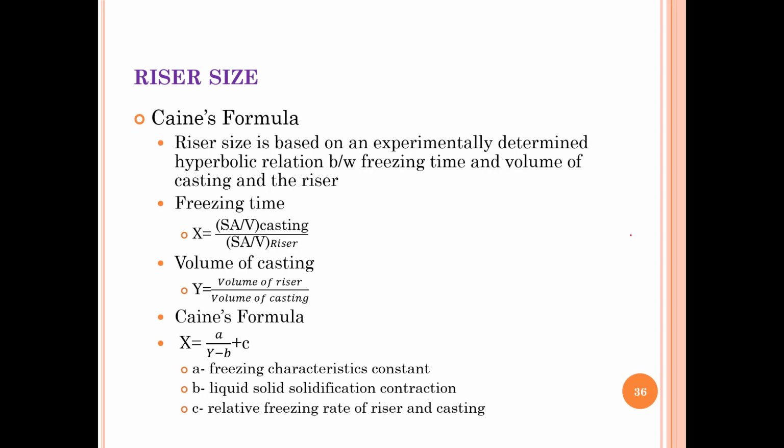Y equals volume of the riser divided by volume of the casting. In Caine's formula, X equals A divided by (Y minus B) plus C. Here A is the freezing characteristic constant, B is the liquid-solid solidification contraction, and C is the relative freezing rate of riser and casting.